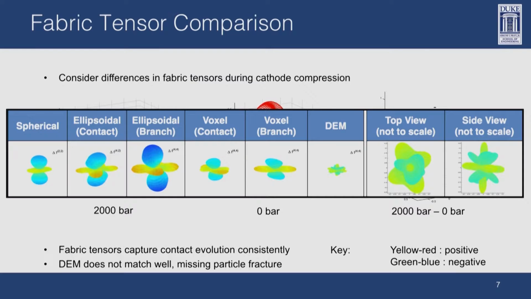In the DEM model, we have these unbreakable spheres as the active material particles, and they don't split apart during compression like an actual material would. So that's certainly a weakness of a DEM model, and one I'd like to address eventually.